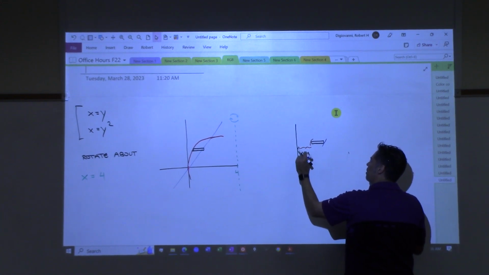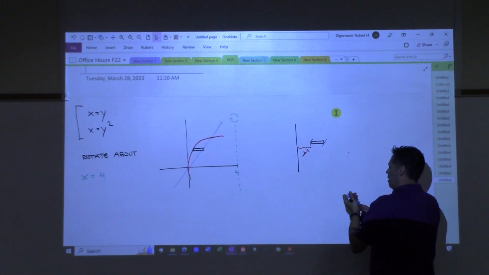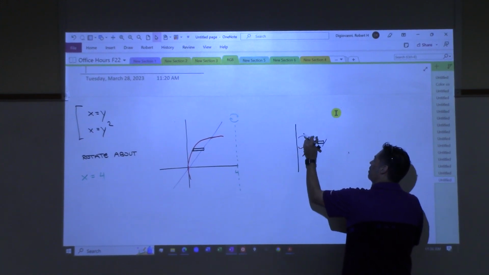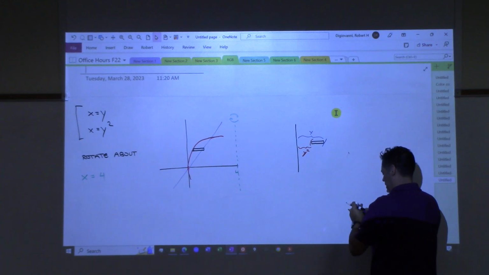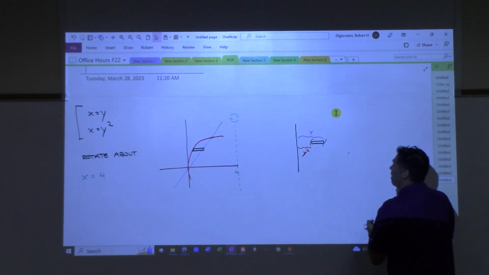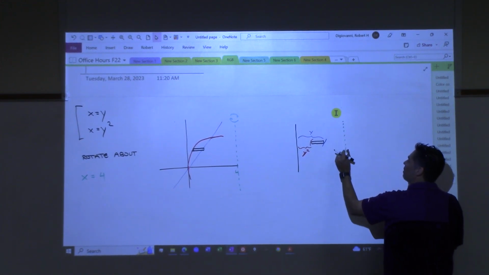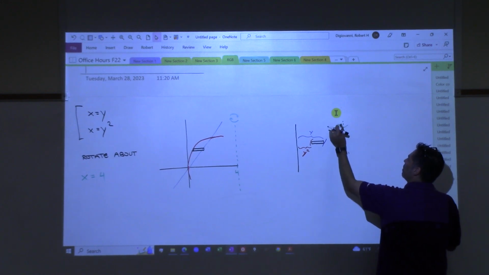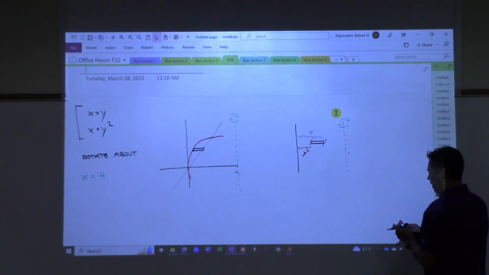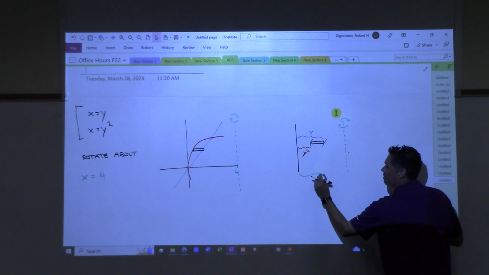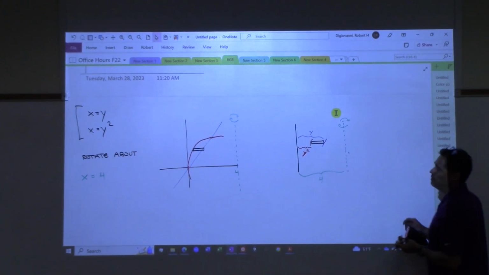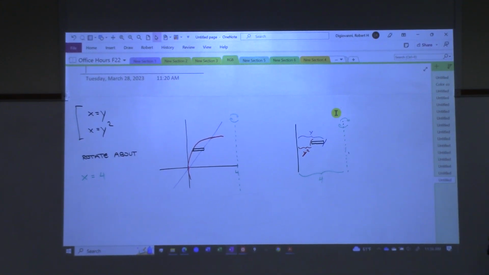That's x equals y squared. The blue one here was y, and I'm rotating it this time around a line over here, right? And I know the distance from the y-axis to here, I know that that's 4, right?